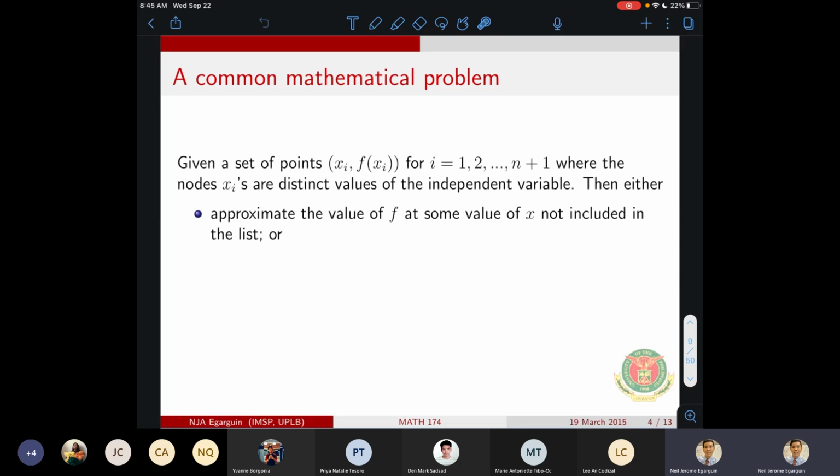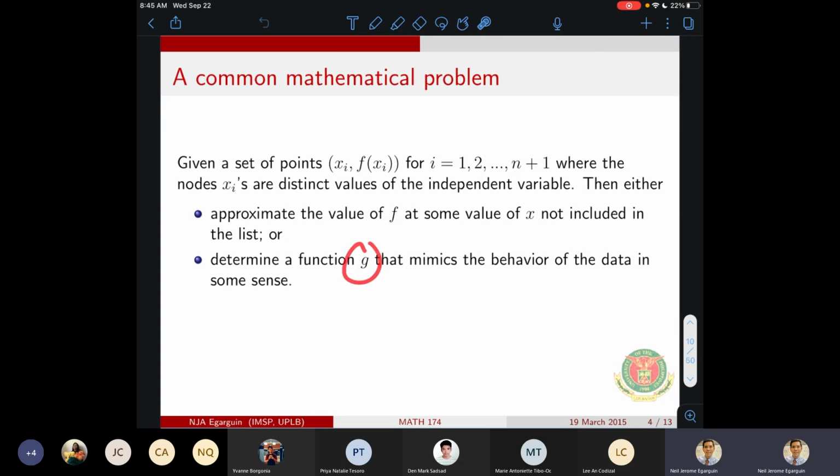Or, even more general than this, sometimes you want to determine a function g that mimics the behavior of the data in some sense. Because if you have a function g that tries to imitate how the data points behave, then we can do a lot of things.